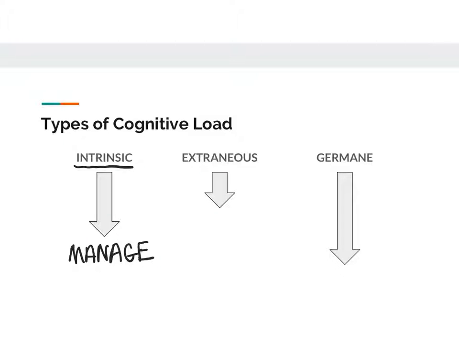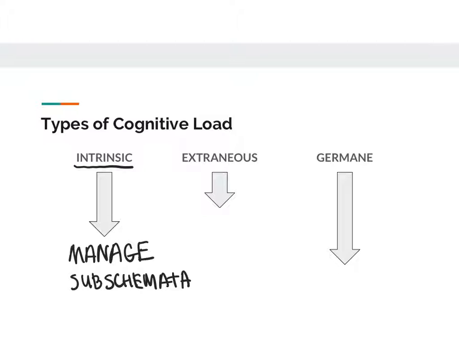And often we do this by breaking apart a complex subject into smaller pieces so that a learner only has to tackle one part of that at a time, and they can form what are called subschemata. That's basically breaking the more complex subject down into smaller, more manageable pieces.